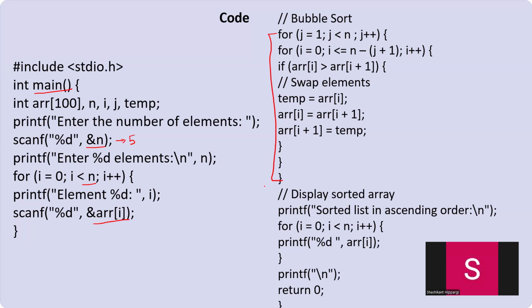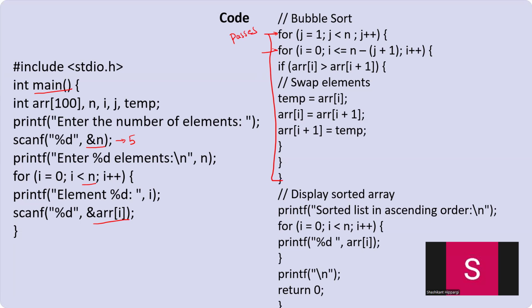Now, in bubble sort, we have a number of passes, and in each pass we have a particular number of comparisons. So we should have two loops for this. The outer loop is for the number of passes.